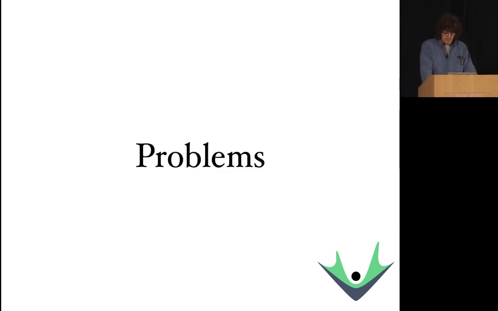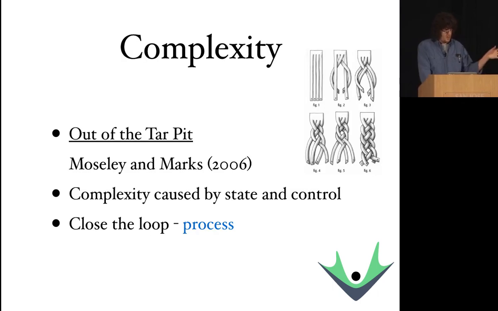So in terms of problems, of course, all the problems turn into the same problem at some point, right? Which is dealing with complexity. When I was first working on Clojure, my first year or second year, I found this paper, and it was very inspirational.